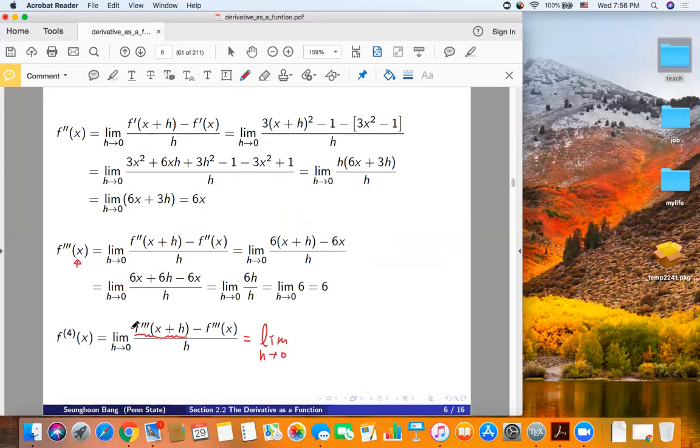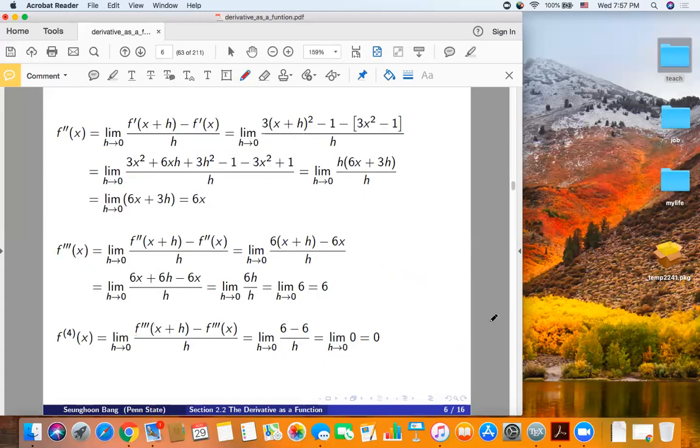The answer is 6, because the third derivative of f is only 6. You plug x plus h into here, the function doesn't change. Minus the third derivative, which is 6, over h, as h approaches 0, gives 0 over h. The 0 over h is 0. The limit of 0 is 0. That's it. This is the answer.